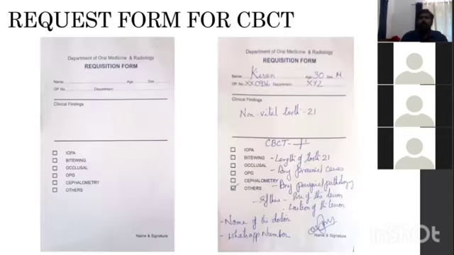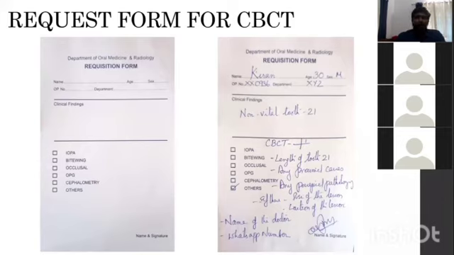And coming to the requisition form, this is the common requisition form for our radiology department. Here the patient name, age, and OP number should be given. If anyone is referring a patient, they can tick the Others box and write CBCT of which region the image should be taken, CBCT of 1-1 or 2-1 or left mandible, like that.